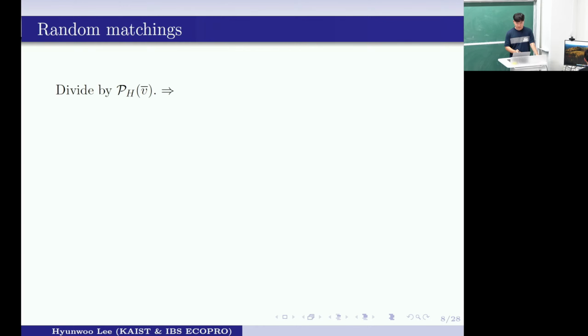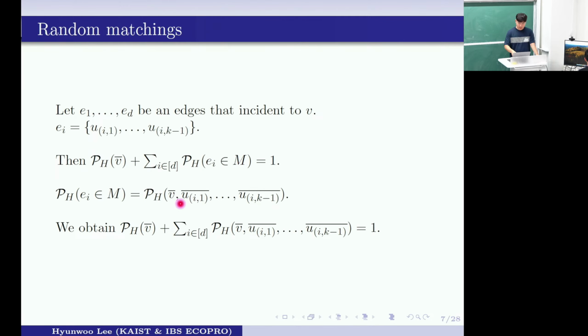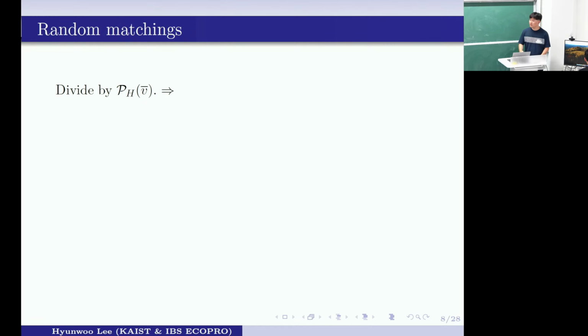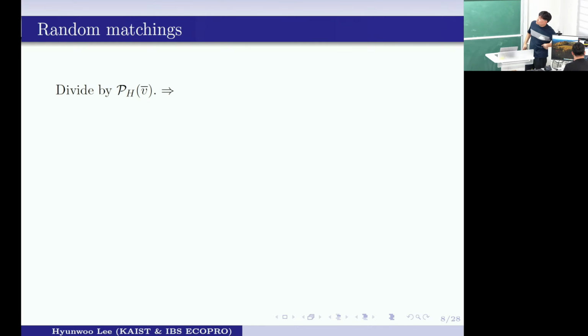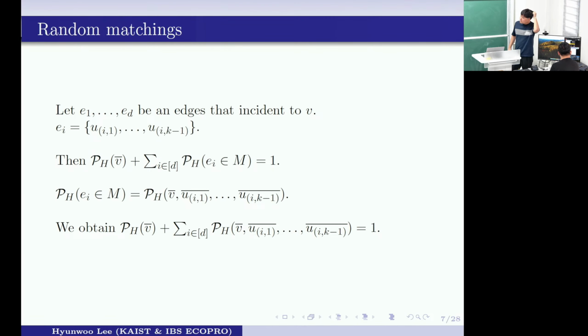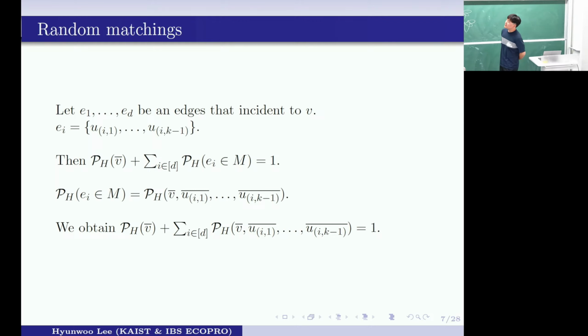Now we will divide this formula by P(v bar), then by the definition of conditional probability, we have this equality. So can you go back? Maybe I missed the explanation. Can you explain why the probability that E_i is in M is equal to that?